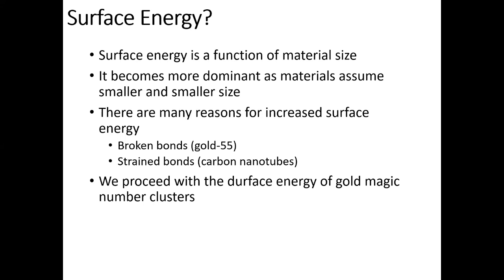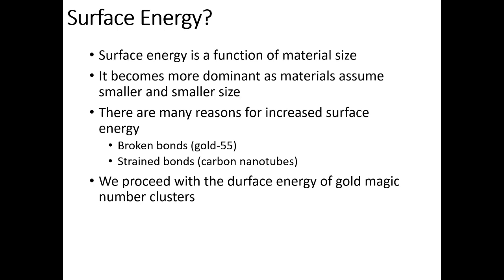Excess surface energy is like the broken bond, right? There's energy that's not there. It's not really extra energy, it's just not there. It needs to be fulfilled and saturated. There are many reasons for increased surface energy. In gold 55, we have broken bonds. We already talked about that. In carbon nanotubes, we have strained bonds. There's no broken bonds, but it's strained.